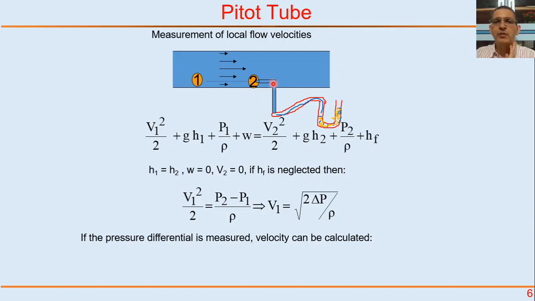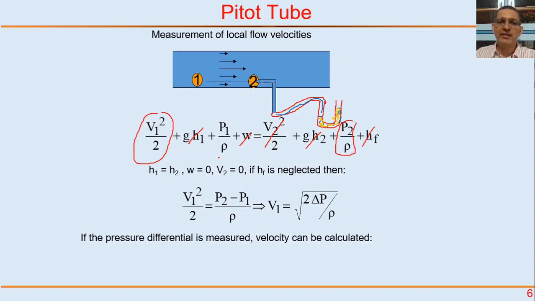To that extent, the pressure P2 will be higher than P1 by an amount equal to V1 square by 2g. So P2 will be larger than P1 by an amount equal to this.